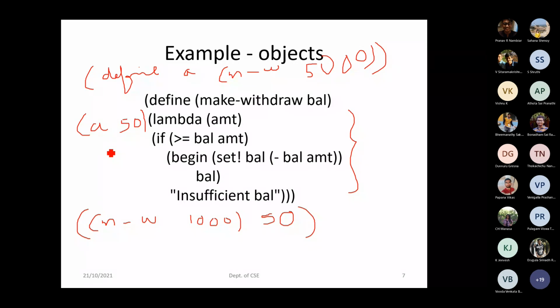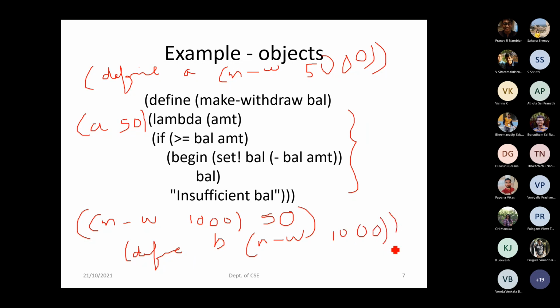Now, if you want another person to be added, when you create the other person, you will just create a different amount. B is my second person, my next user. So new make-withdraw, and that person's initial amount is 1,000.